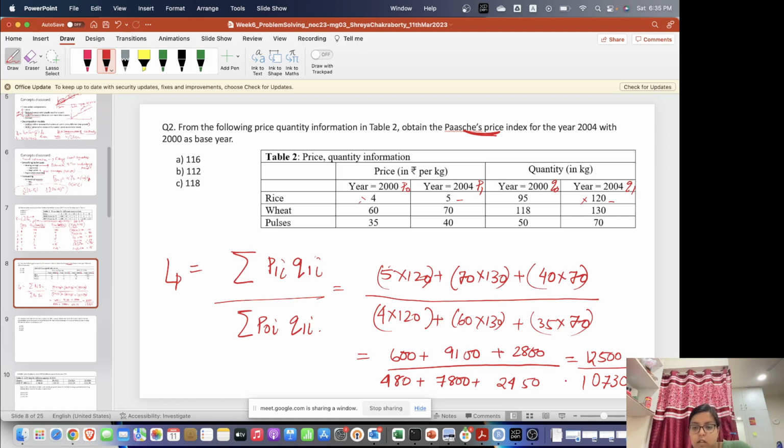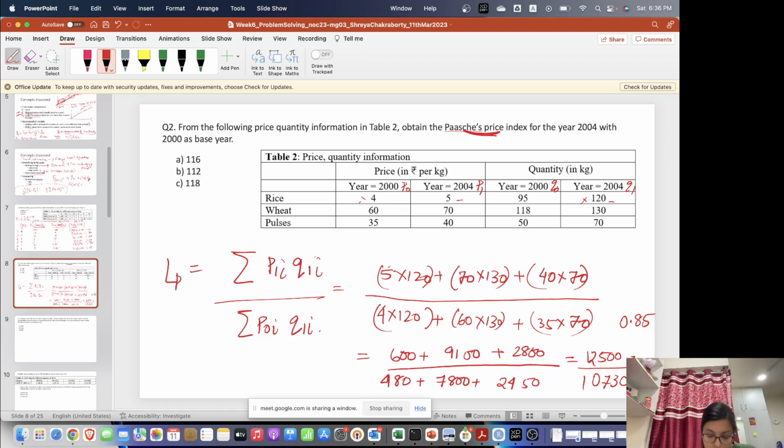Is it okay? So this one divided by this will be 0.85.